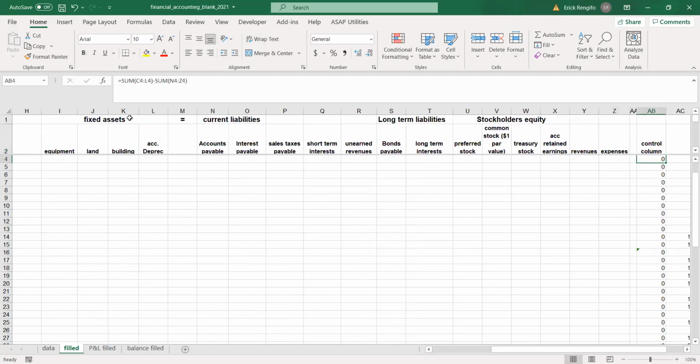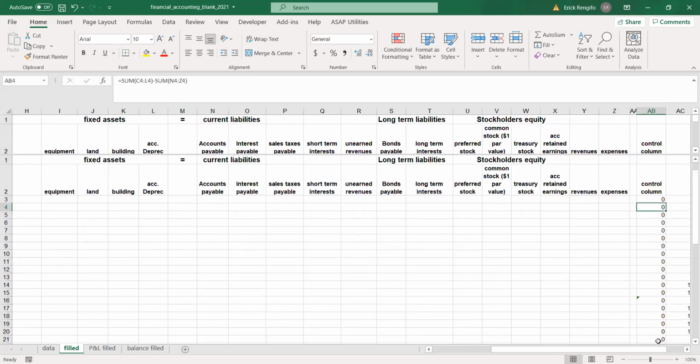This control column tells me I want to be sure that my assets equal my liabilities plus my shareholders' equity. So this one here must be 0 all the time. If you find a number that's not 0, you have a problem in your row. Imagine if you have 10 here, you have made a mistake. This number must always be equal to 0, otherwise you are making mistakes.